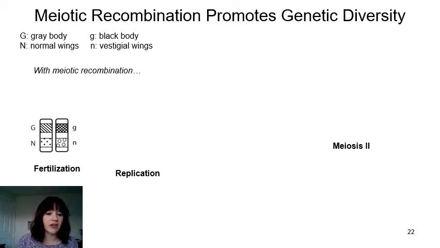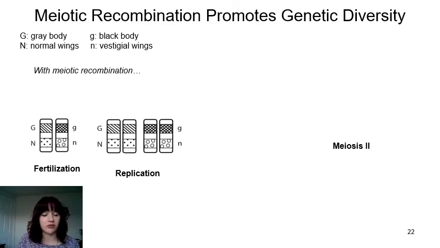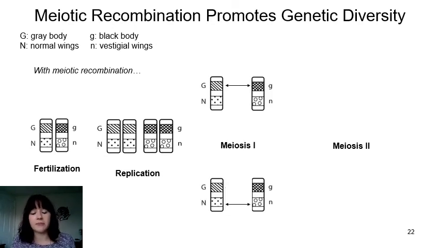We have our germ cell, and we've got, again, the same genes. At the beginning of meiosis, first we have DNA replication. And then during meiosis I, we have crossing over. Right? So what's going to happen is a chunk of one chromosome is going to get broken off and traded with the homologous chromosome.